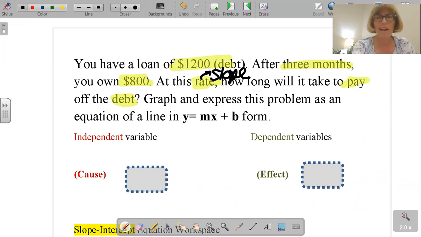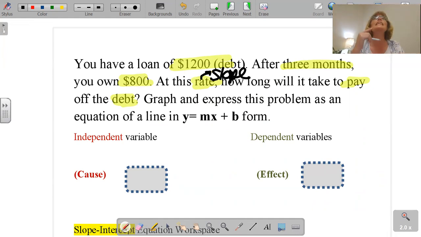You'll see that, like, how is that slope? I'll show you in just a second. When we're dealing with XY graphs, you're dealing with the data point of cause and effect. Cause is what we call the independent variable.